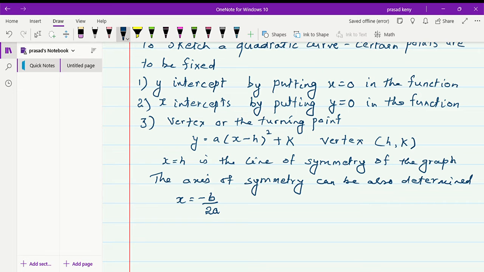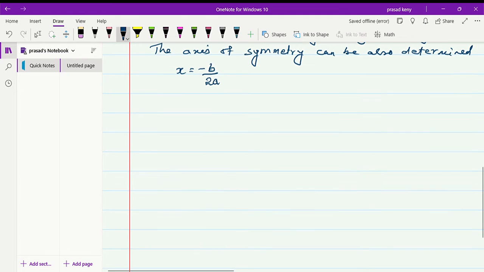And this line is called the axis of symmetry because it will divide the graph in two equal parts such that the left hand side will be the mirror image of the right and vice versa.